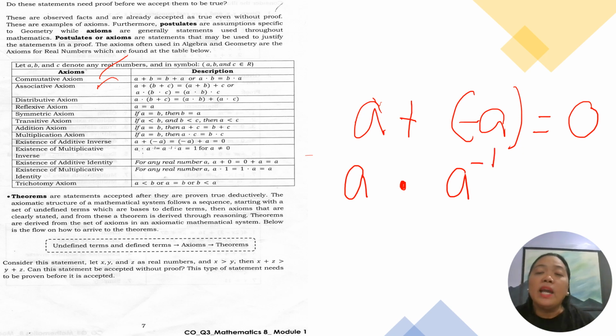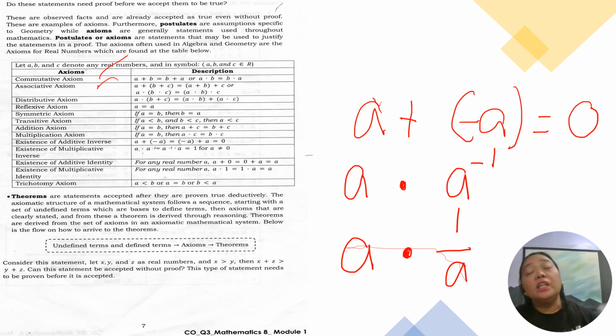What do we mean by A raised to negative 1? A raised to negative 1 is actually 1 over A. So, positive A will be multiplied by the multiplicative inverse 1 over A. Or in short, you multiply A by its reciprocal. The reciprocal of A is 1 over A.